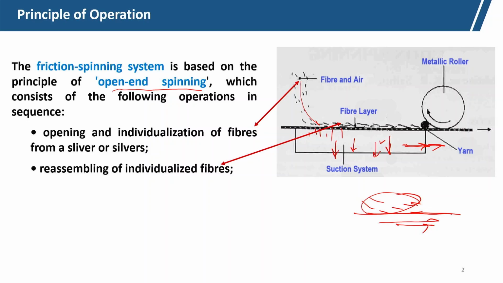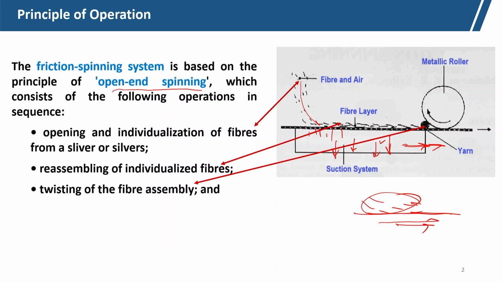So, due to this suction force, the fibers are sticking on this surface, and it is coming under action of another roller, a metallic roller, the surface motion of that roller is opposite to this moving flat surface.